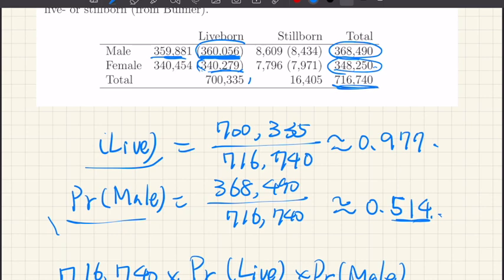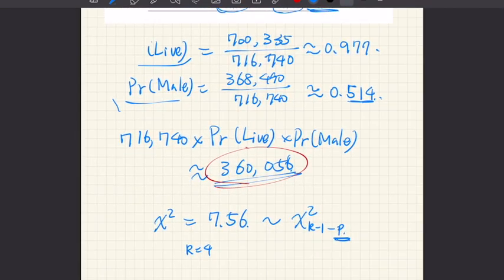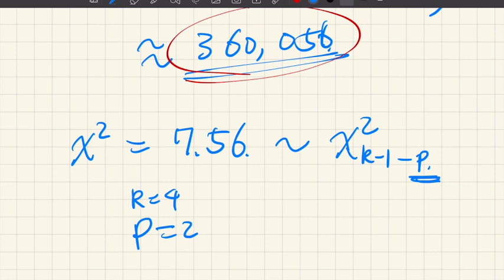Similarly, once we know the number of live-born babies, we can derive the number of stillborn babies. So the number of independently estimated parameters is 2 in this case. So p is 2, and 4 minus 1 minus 2 is 1.